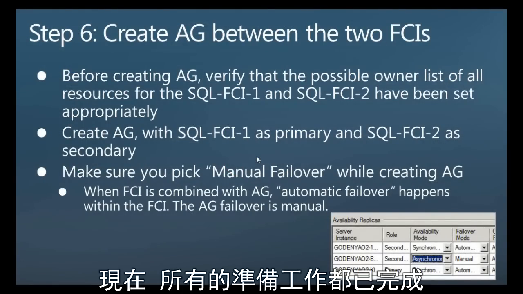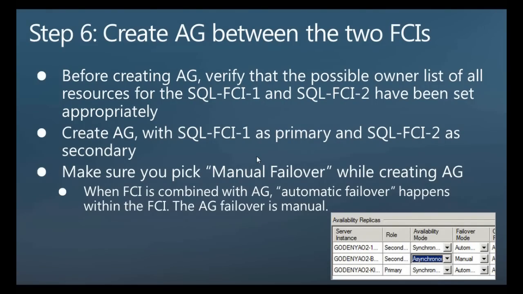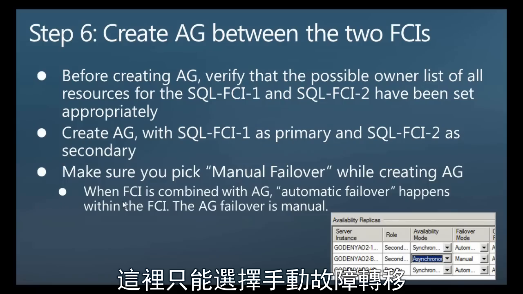Now everything is done, then you can create an availability group between these 2 FCIs. When you create it, you can use asynchronous or synchronous data movement for these 2 instances. Also make sure you only pick manual failover.